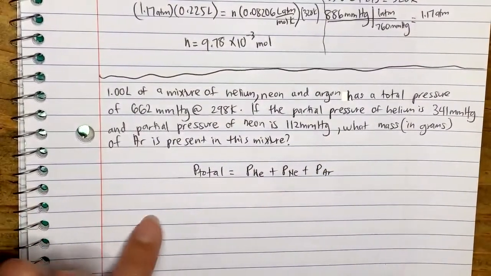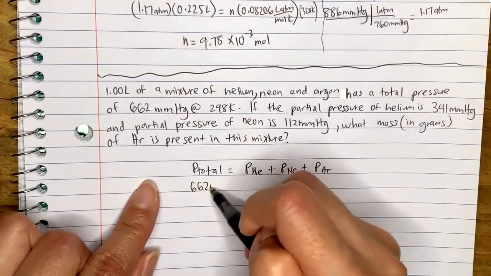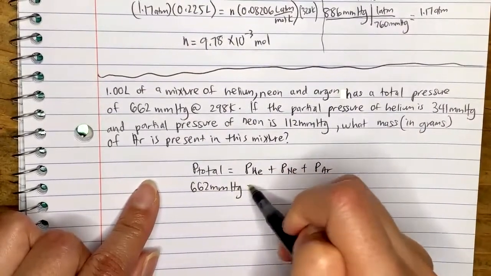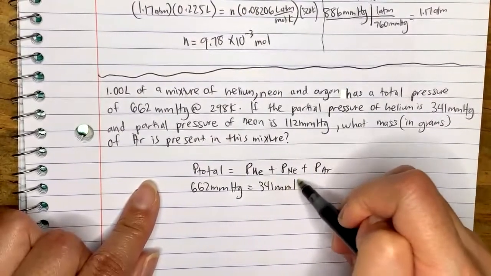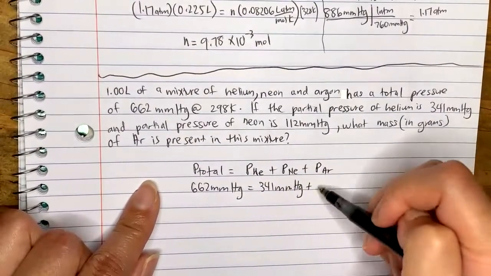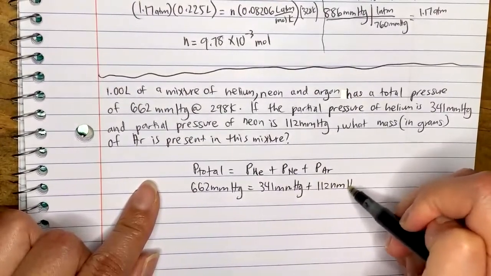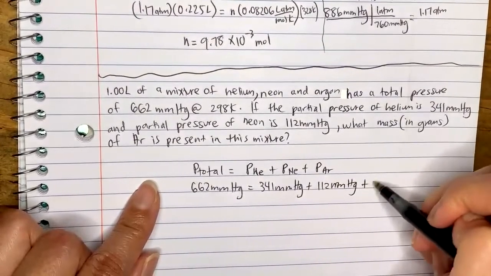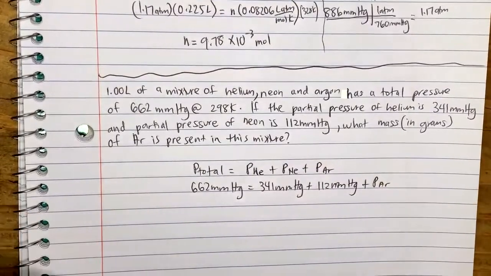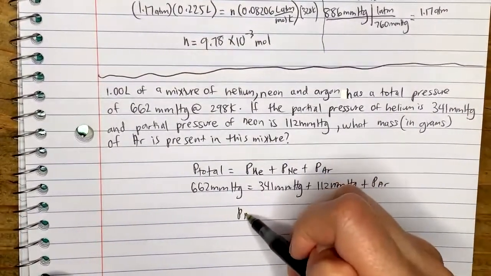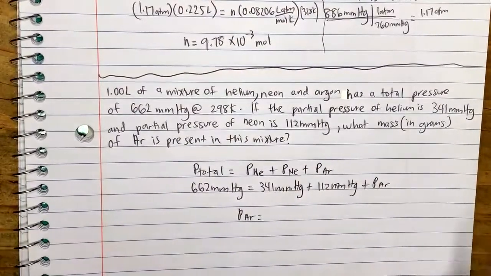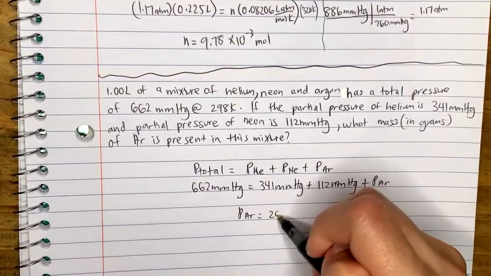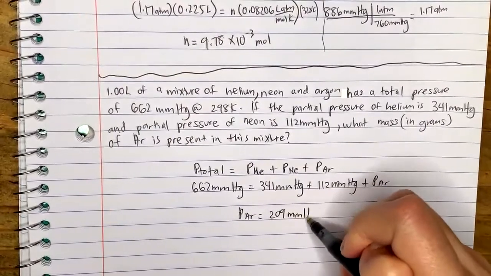So we know these values here. 662 equals the helium 341, neon 112. So P of argon is what's left over. Let's calculate that: 662 minus 341 minus 112. You get 209 millimeters mercury.